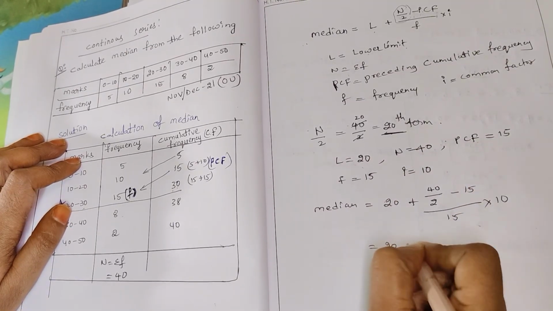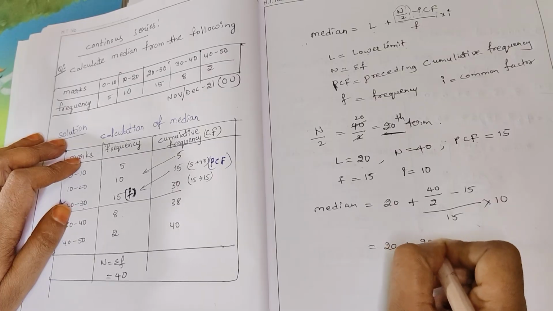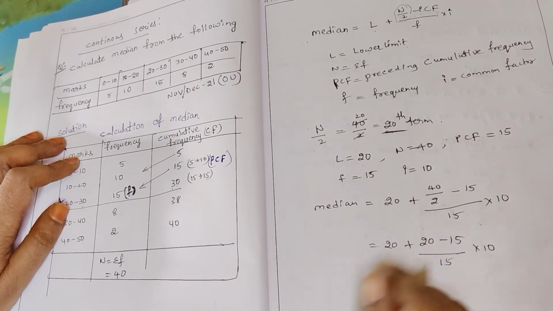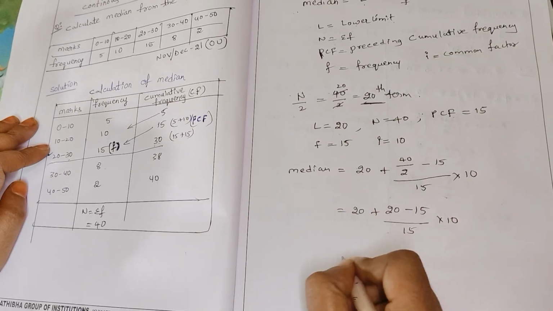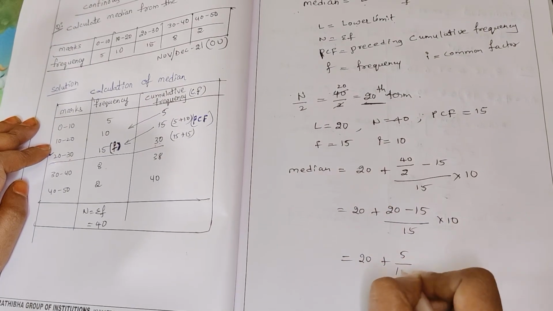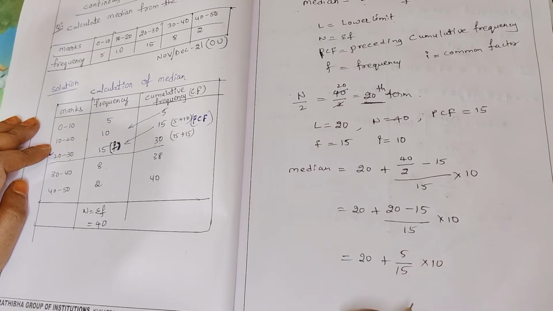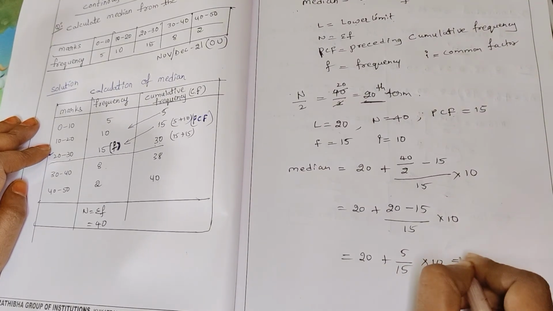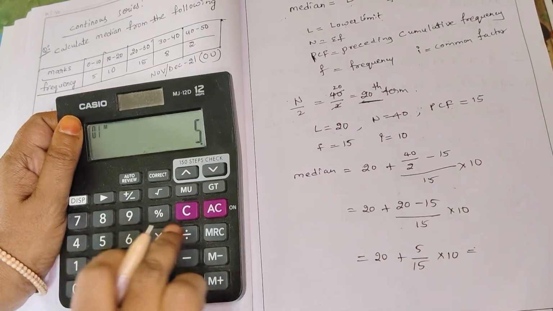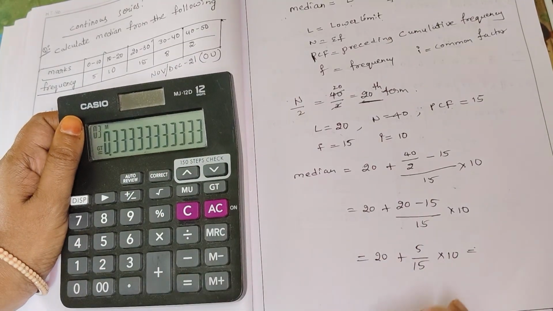So 20 plus (40 divided by 2, 20, minus 15) divided by 15 into 10. Then 20 plus 5 divided by 15 into 10. 5 divided by 15 is 0.33.